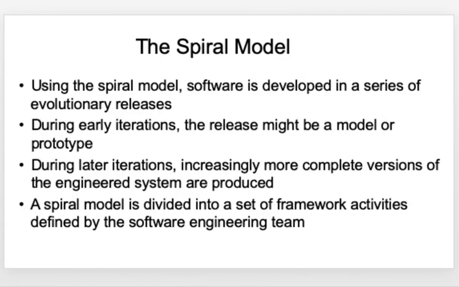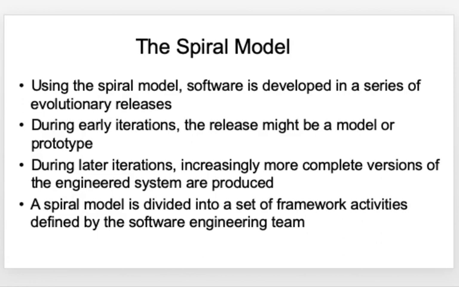Software is developed in a series of evolutionary releases, and during early iterations, the release might be a model or a prototype, and later iterations will produce more complete versions of the software.